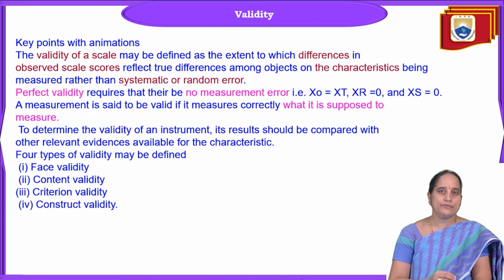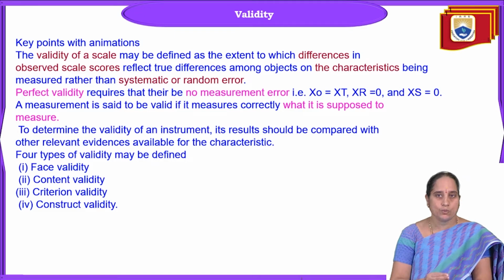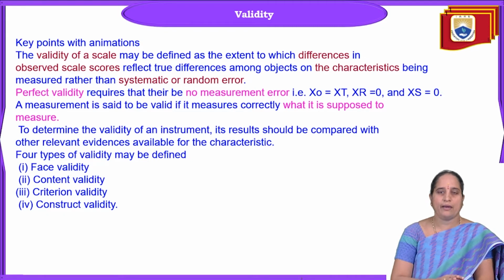See, the validity of a scale tells us up to what extent the differences in observed scale scores reflect the true differences among objects in the characteristics being measured, rather than systematic or random error. Either you may have errors related to the system or due to random fluctuations.